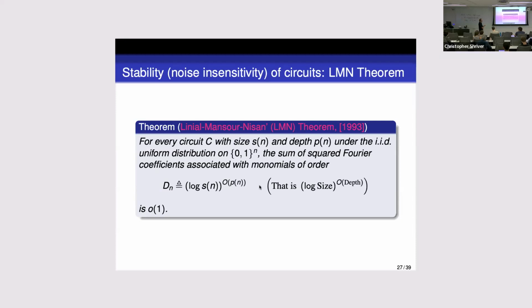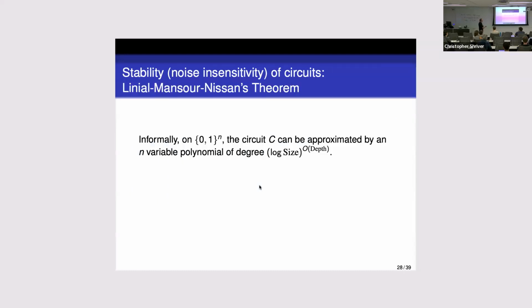It so happens the sum of squared Fourier coefficients associated with monomials of order bounded like this is vanishing. Now, first, what is this term d sub n? This is a log of the size to the power of the depth, order of depth. There's some constant here.